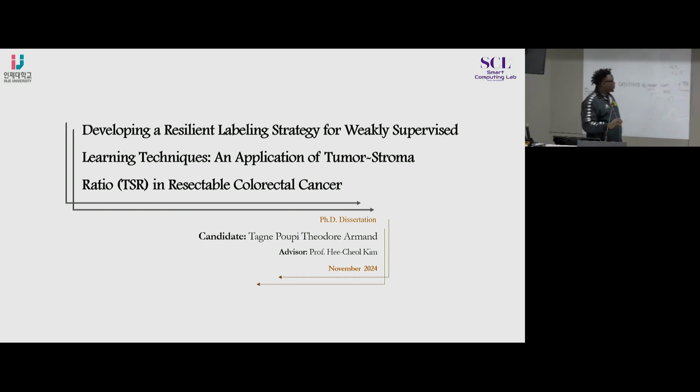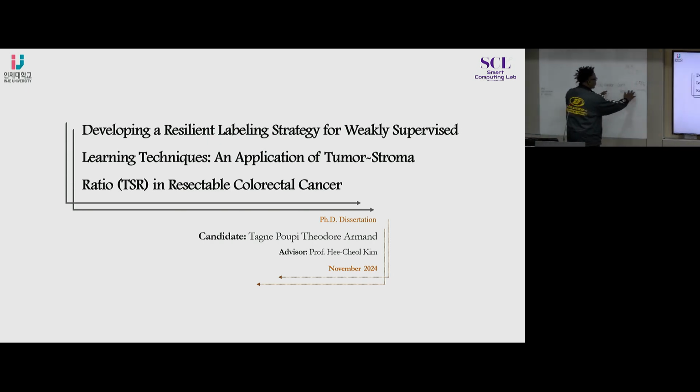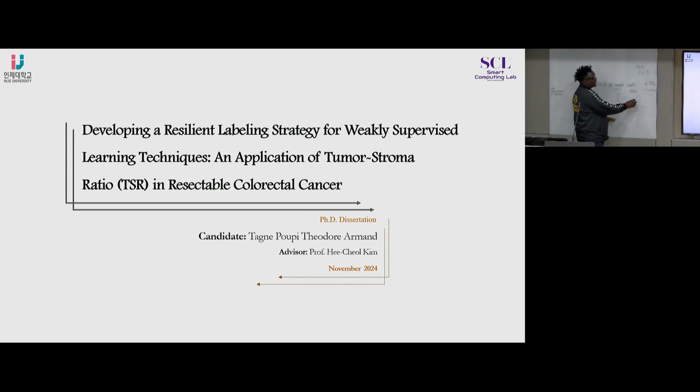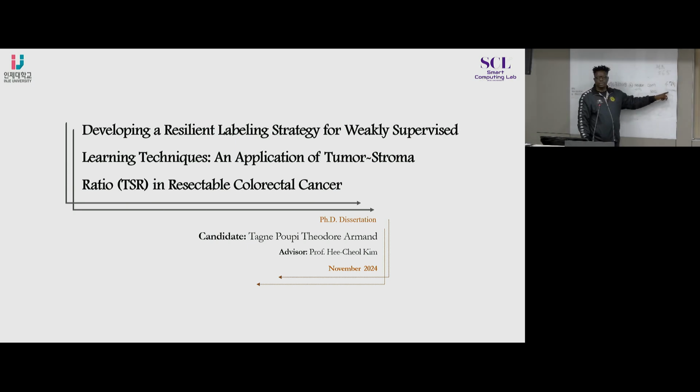In weakly supervised learning, you just give the whole slide image a slide level label. Some people just say, oh, this is necrosis, so I will call it like this, because pathologists annotated just this area. But what if all the rest was normal? Is it still right that it's necrosis?